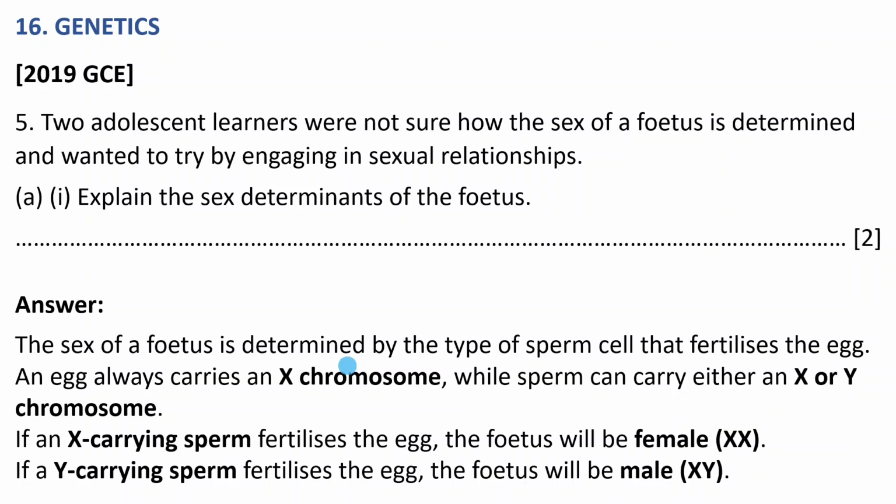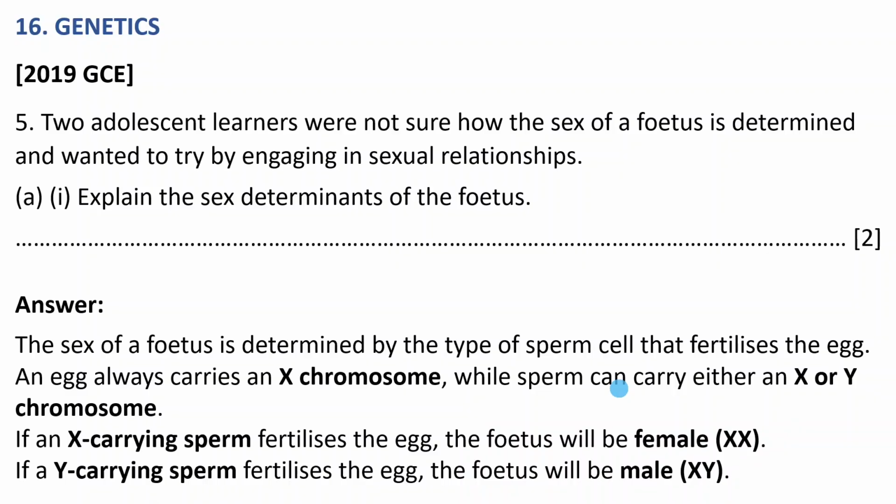The eggs will always have X. All the eggs that the female produces will always have X. So if the sperm carrying an X chromosome comes, it will meet the egg carrying an X chromosome, and the XX will form a female.